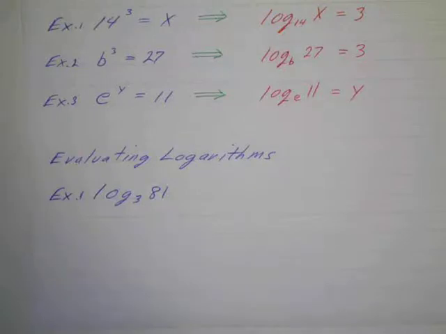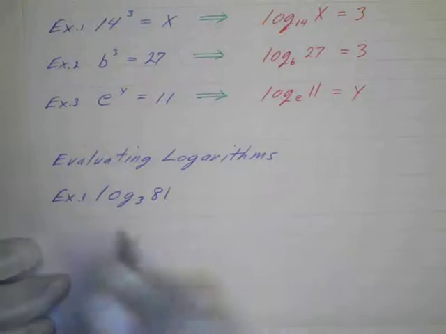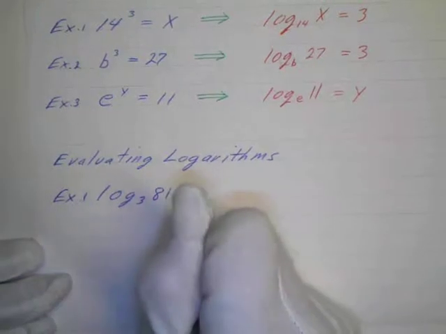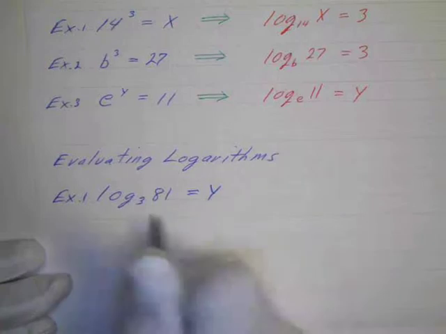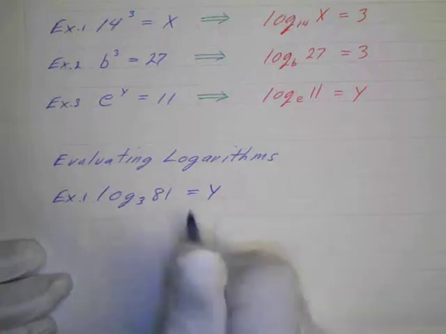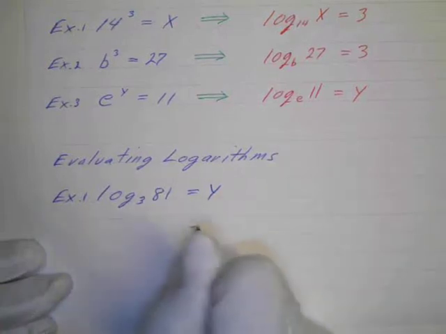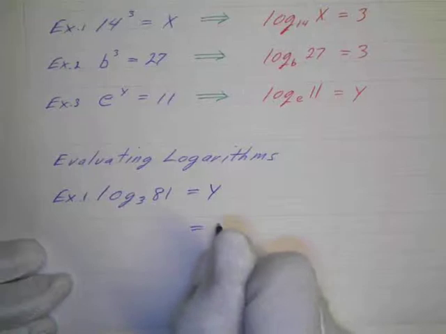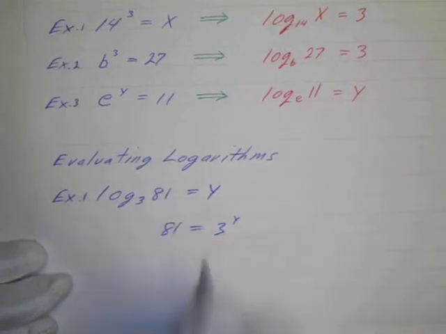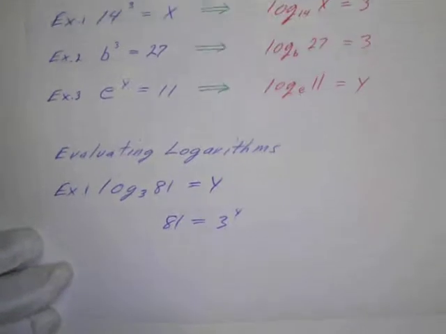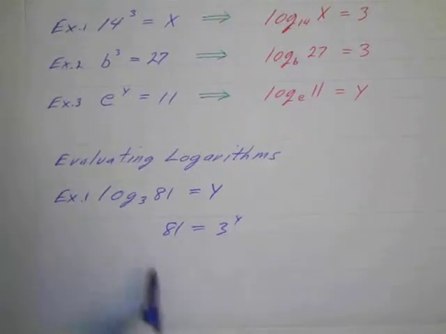If you have problems with that, then let's just call this y, and what we're trying to find out is what the y is. And then we can change it to an exponential equation. What's my base? My base is 3. What's my exponent? y. What's my answer? 81. And then we have an exponential equation, and we know how to solve that. We try to get both sides to the same base.